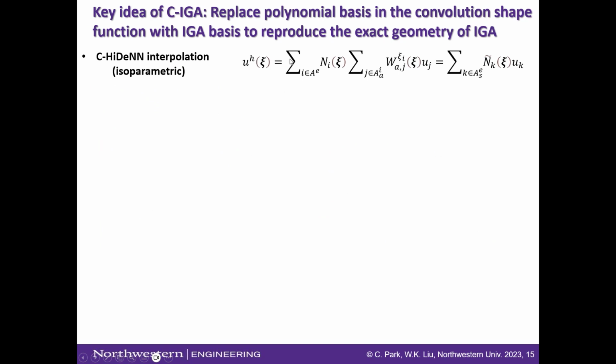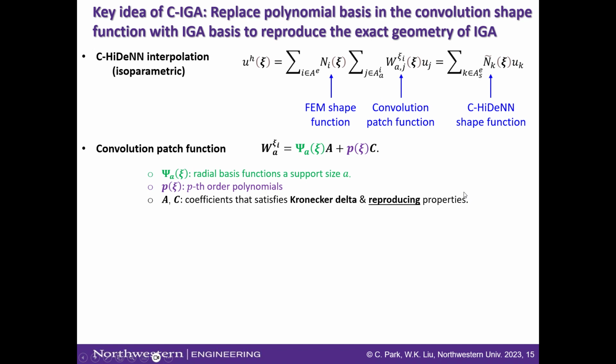All right. So how can we do that under the C-HiDeNN framework? So this was the C-HiDeNN interpolation, isoparametric. So we have N as the FEM shape function, and W as the convolution patch functions. Together with these two, we are having the C-HiDeNN shape function, right? The convolution patch functions are built with two sets of functions.